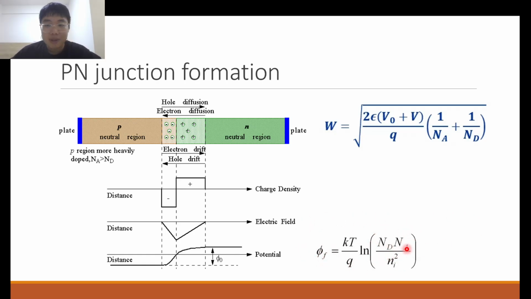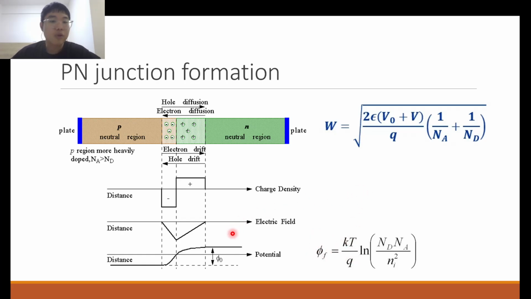This formula is pretty important because you see that the higher my dopant concentration, so ND is my dopant concentration in the N region, and NA is the dopant concentration in the P region. For example, my ND may be the concentration of antimony over here, and my NA will be the concentration of, what was it again, boron, in your P region. Okay, so the higher your dopant concentrations, the higher your built-in voltage.